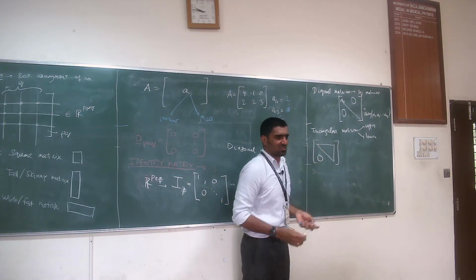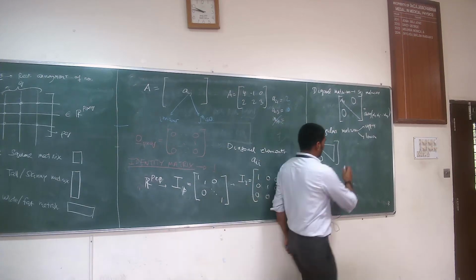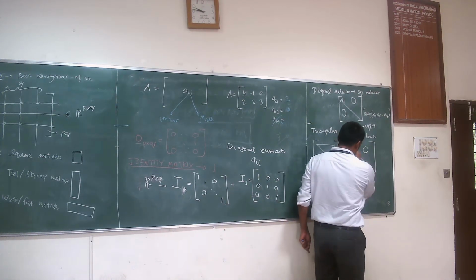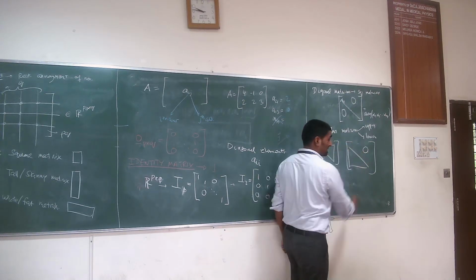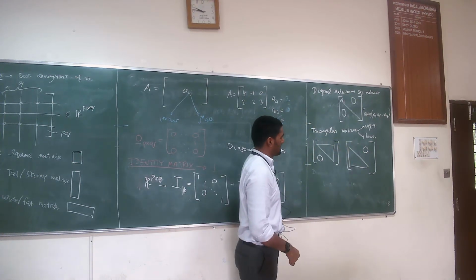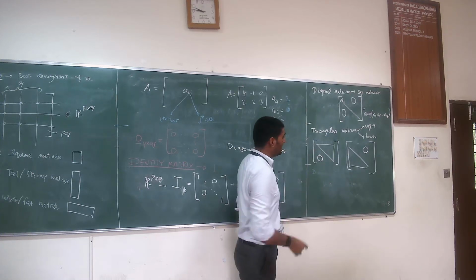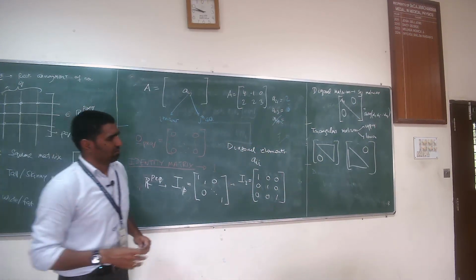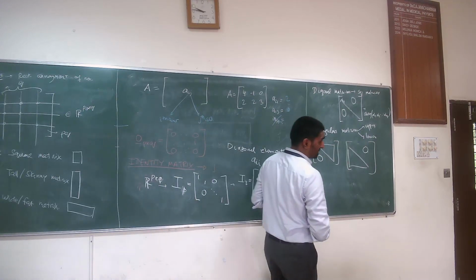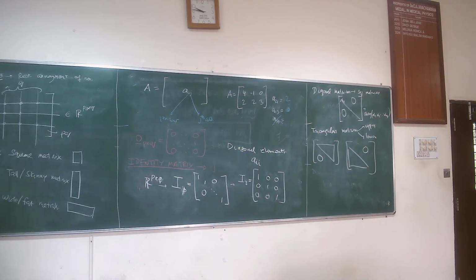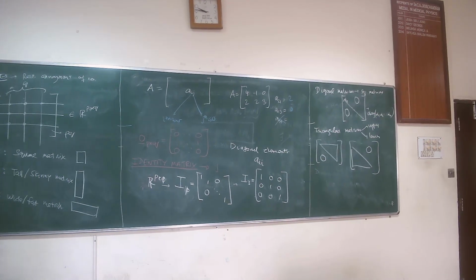Above it you have non-zero elements. Otherwise, it's lower triangular. These are non-zero, that's 0. There are other types as well, which we will come across as and when we go through some of the other topics in the course.